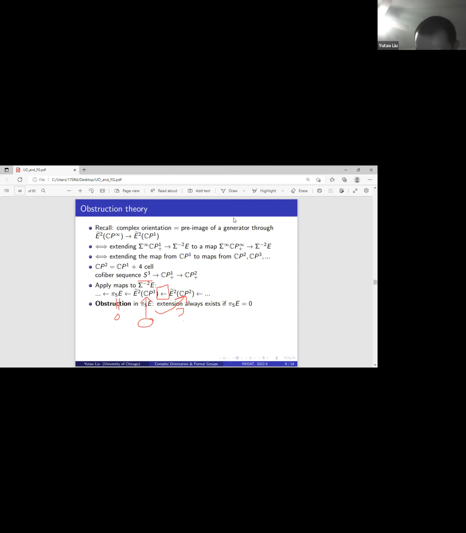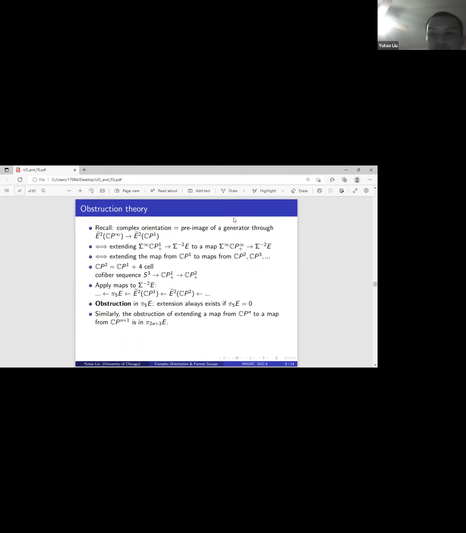And you can apply the same argument to the higher extensions. The obstruction of extending a map from CPn to a map from CPn plus 1 is contained in pi 2n plus 3 of E. In other words, if pi 2n plus 3 of E is 0, then you can always extend such a map.